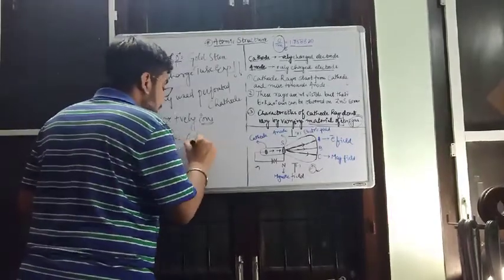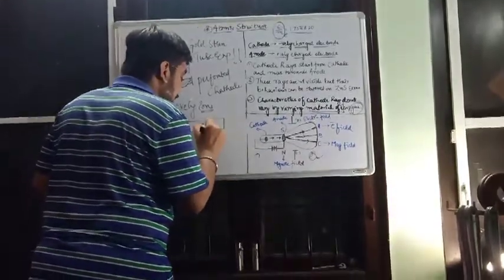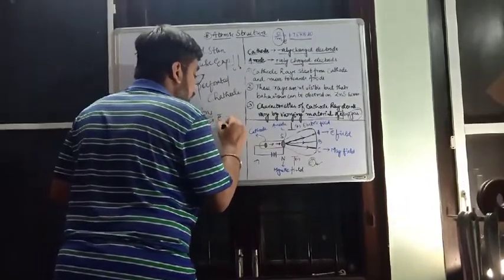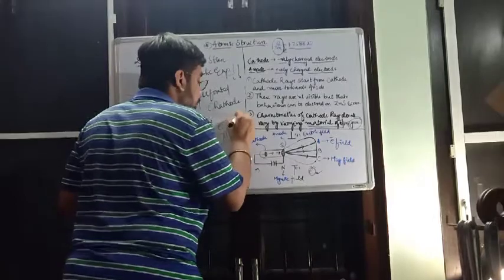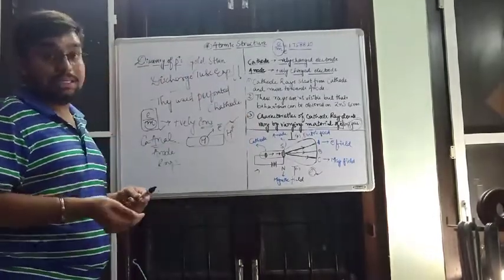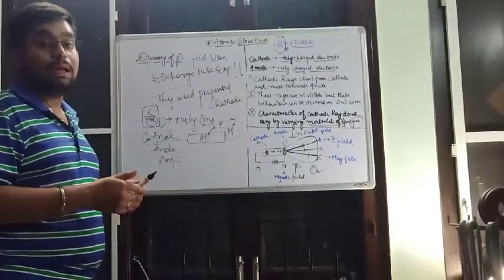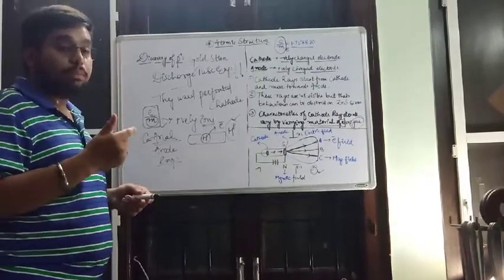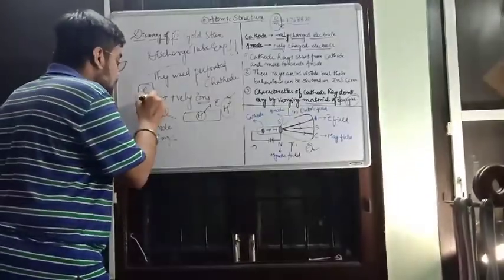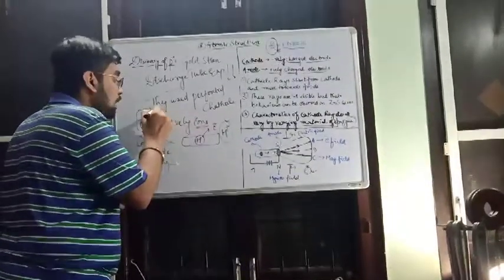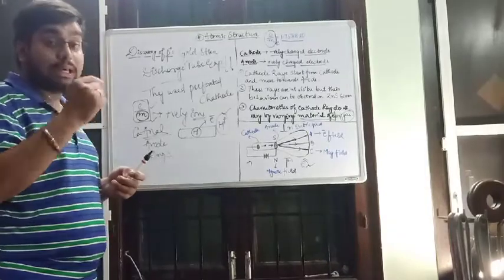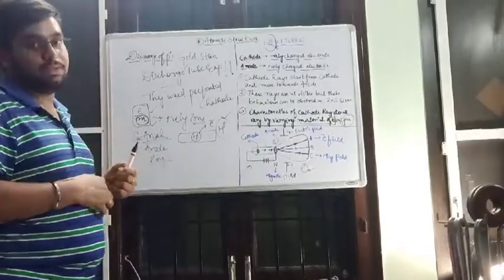If the gas inside is hydrogen, then only after losing an electron can it become H+, that is, a proton. Otherwise it will be some other element and it will weigh more. As the weight of the element increases, the specific charge decreases. Hence, canal rays have different characteristics.